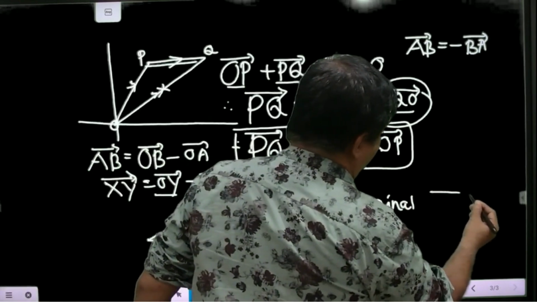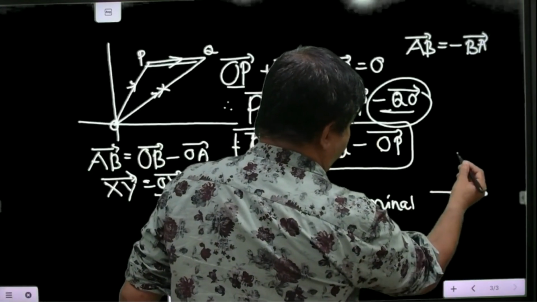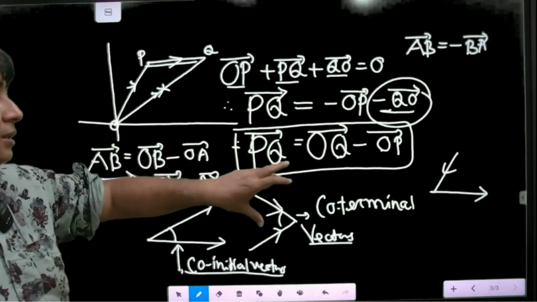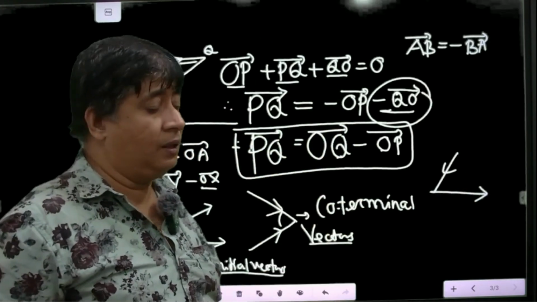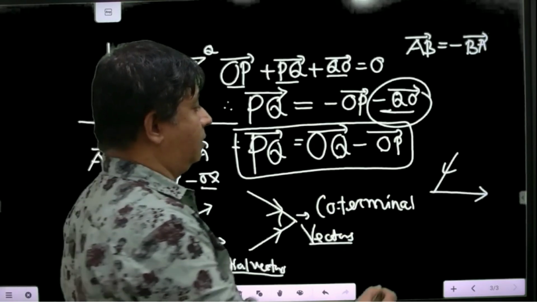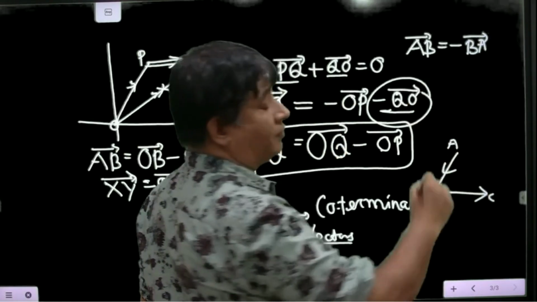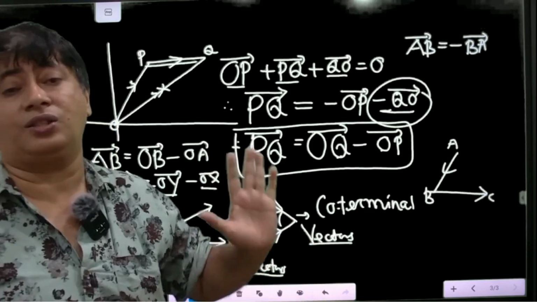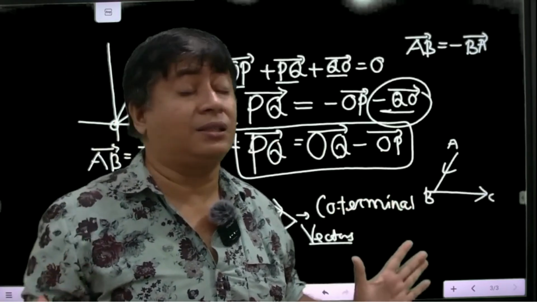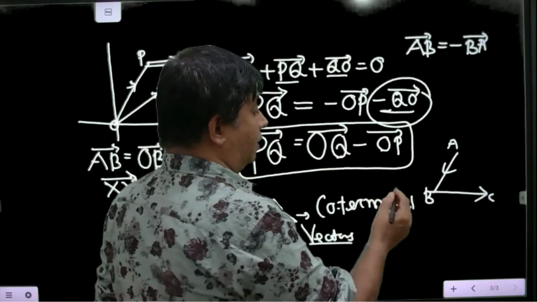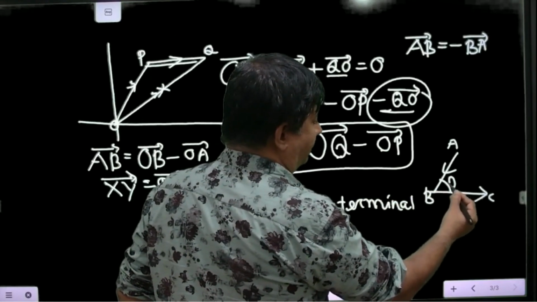See, this is a vector. If you give the arrow sign in this direction, suppose this is A, B and C. And if you are asked to find the angle between AB and BC, suppose this angle is theta.